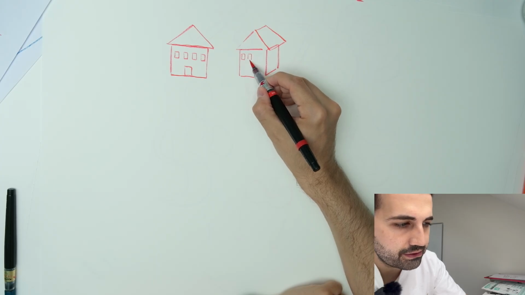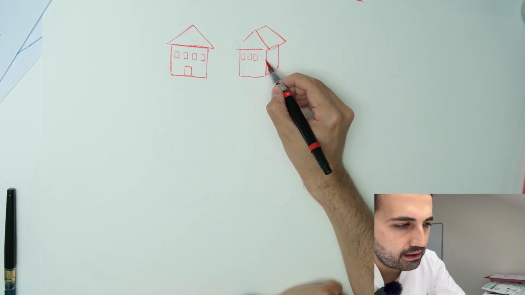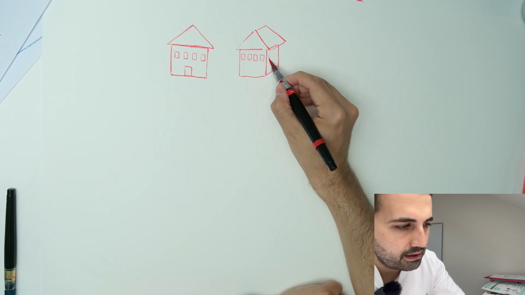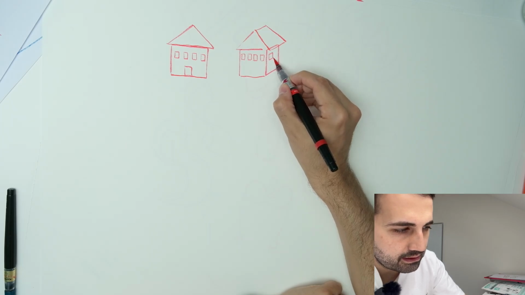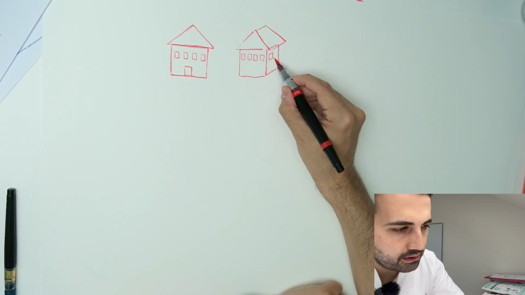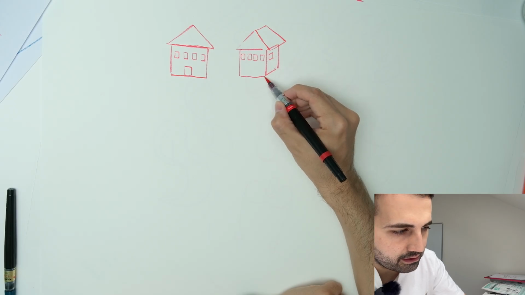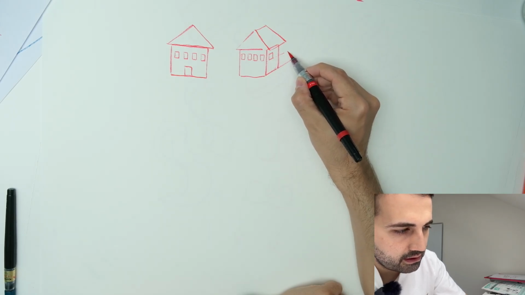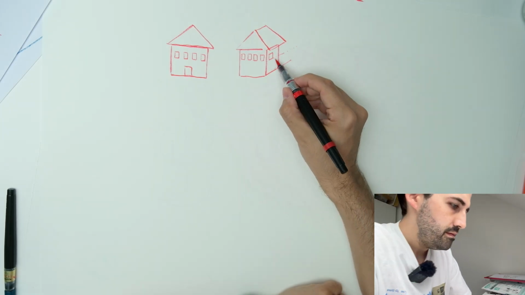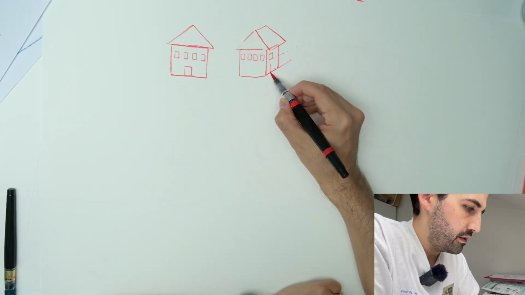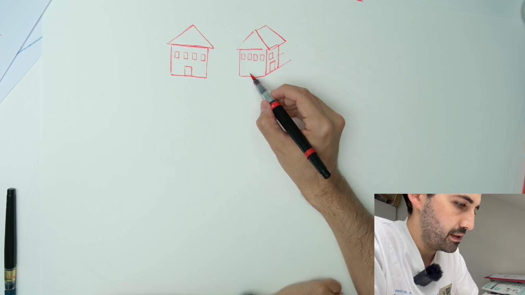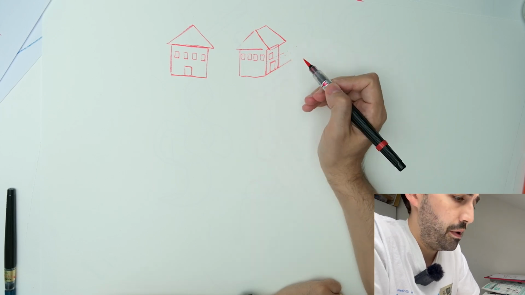It's just that the house now exists in the 3D space. And if I draw the windows here, you see that this line over here is following this line here. And if I have a door here, it would follow this line here. So it's parallel.